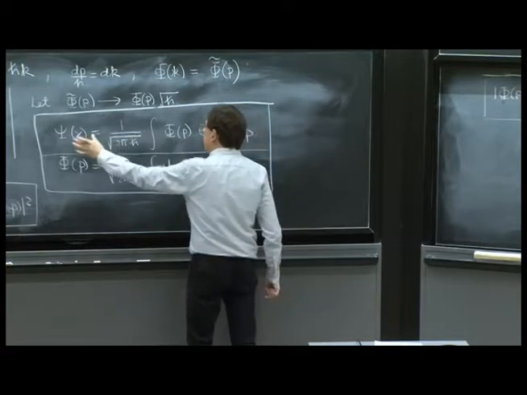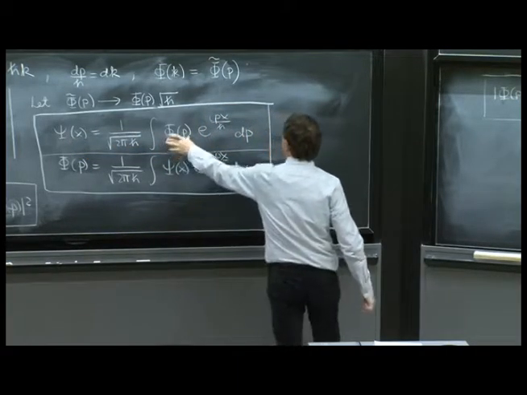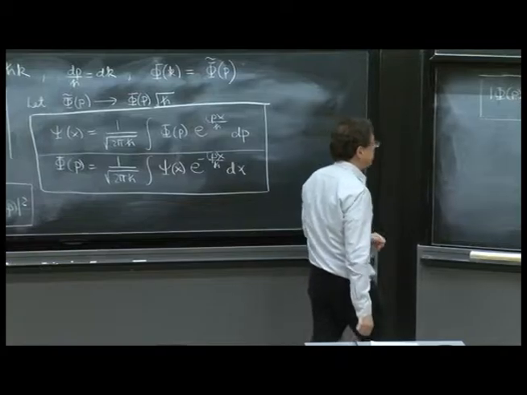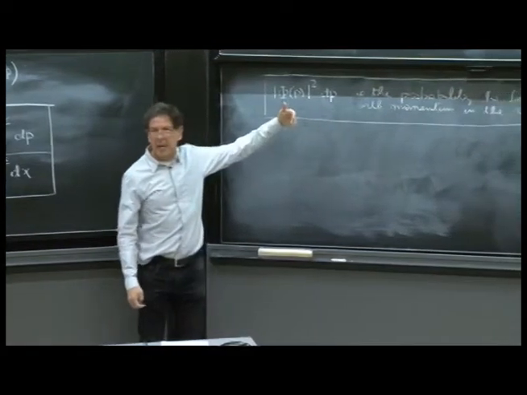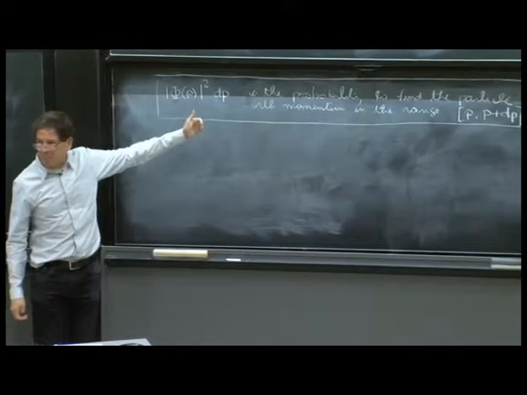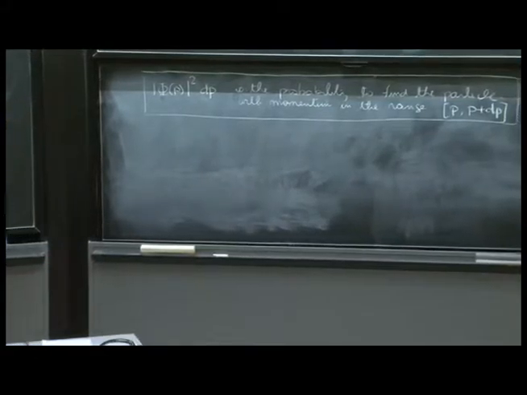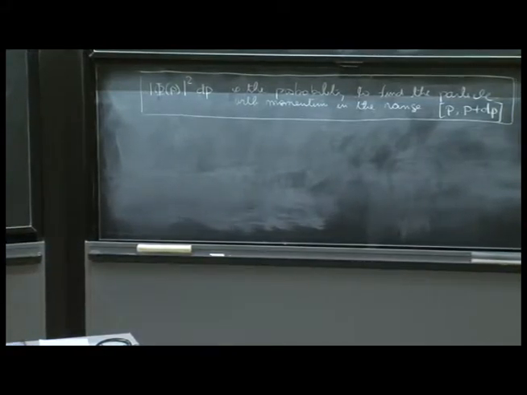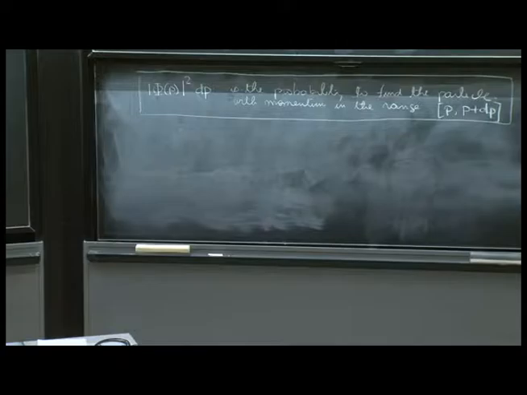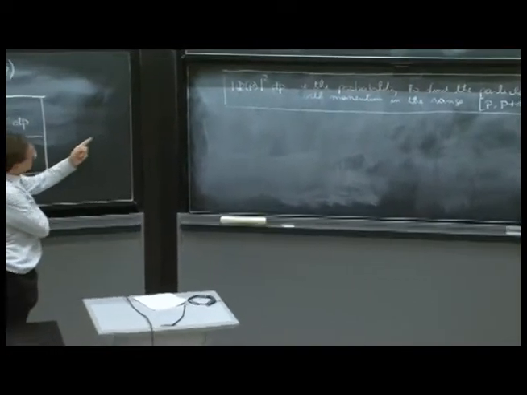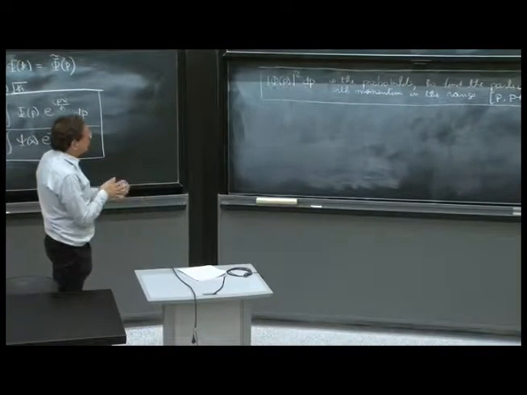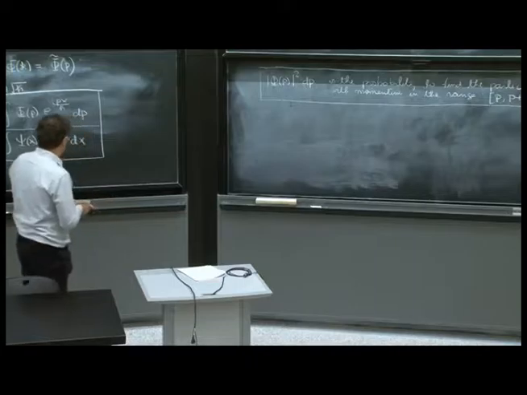Phi of p has the same information as psi of x. Phi of p is the weight of the superposition, but finally it's given a probabilistic interpretation. It represents a probability to find a particle with some momentum. So this is what is going to allow us to do expectation values in a minute.